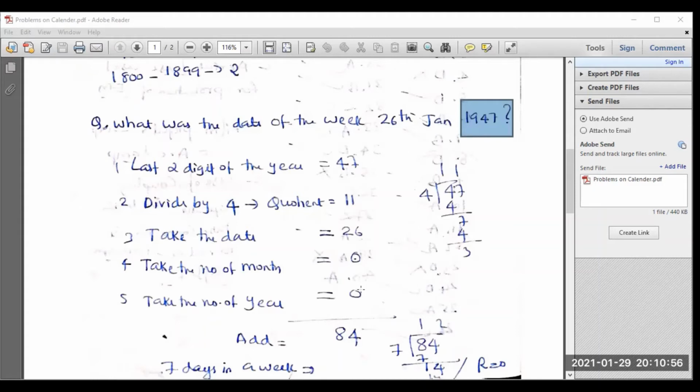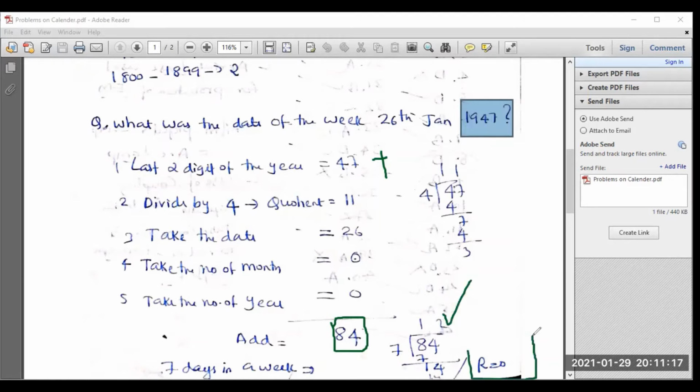That category falls under this 0. What you can do is do the summation. 47 plus 11 plus 26. The summation is equal to 84. Now what you can do is 84 divided by 7. Please divide 84 by 7. What is the quotient? Quotient is 12. I don't want the quotient right now.